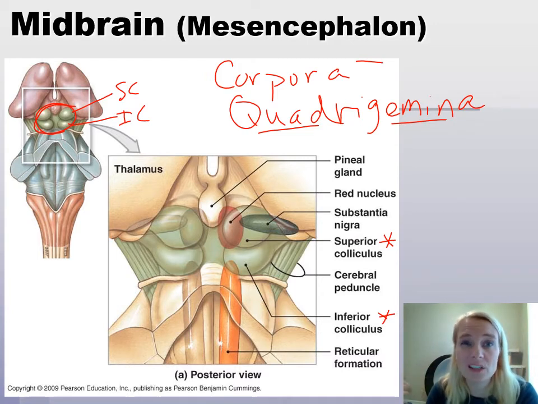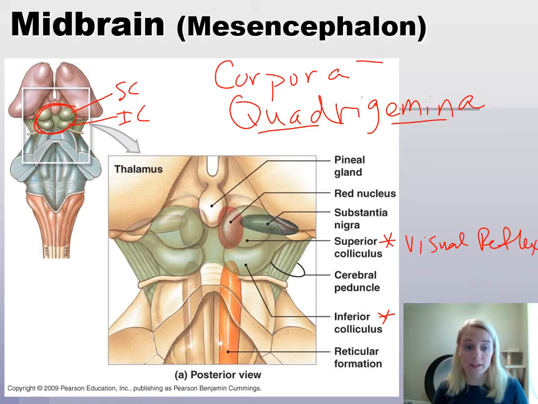Is it a bird? Is it a ball? Is it a fist? What's flying at your face? So you just flinch before recognizing what it is. You don't have to use your cerebrum and your conscious processing. The superior colliculus is doing that for you in that reflex action. So this is visual reflex.